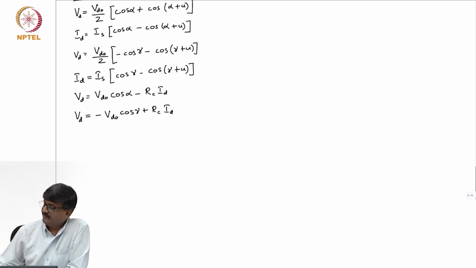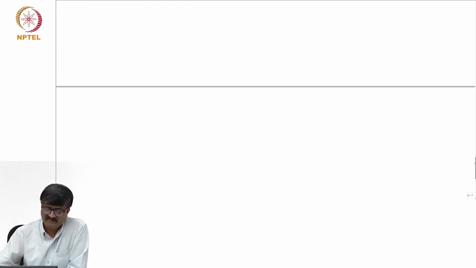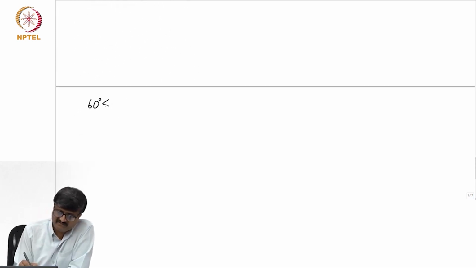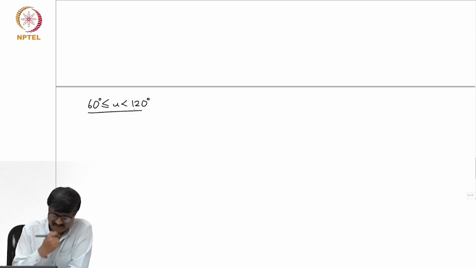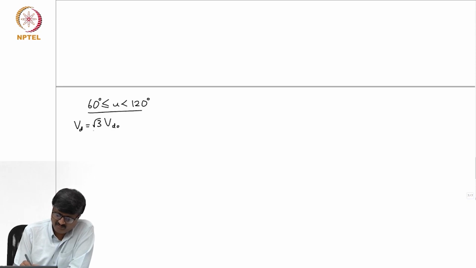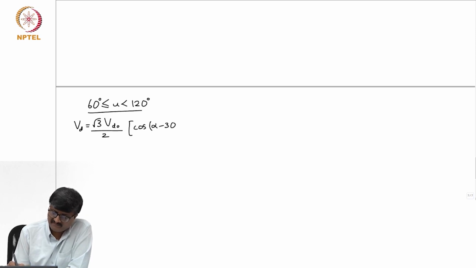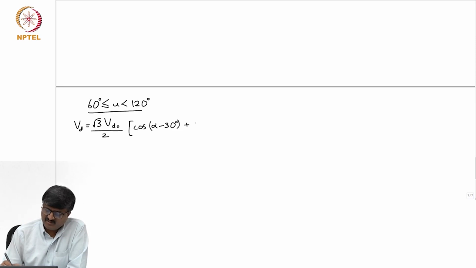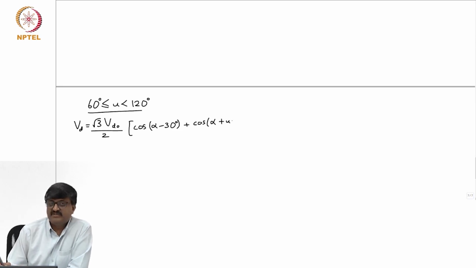We got similar equations for u greater than or equal to 60 degrees and less than 120 degrees. So let me summarize those equations. 60 degrees less than or equal to u less than 120 degrees. So VD is equal to root 3 VDO by 2 cos alpha minus 30 degrees plus cos alpha plus u plus 30 degrees.